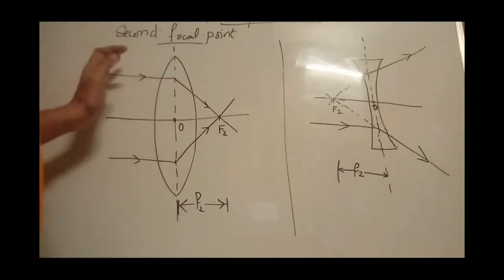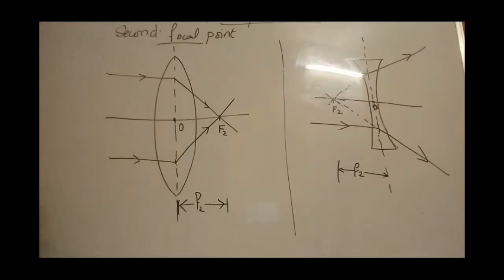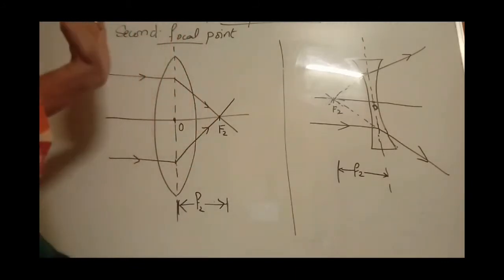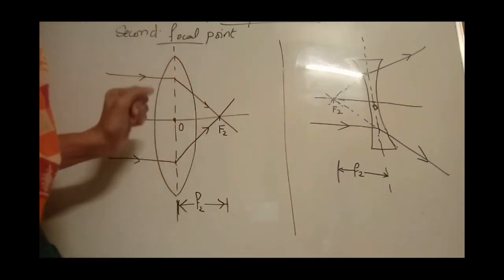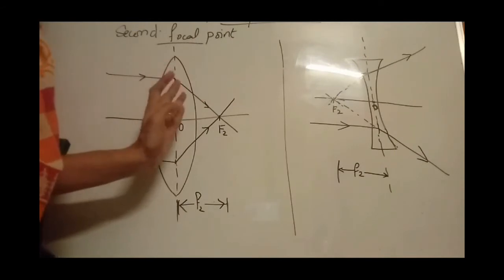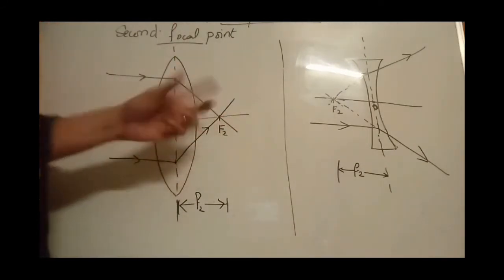According to sign convention, the ray will always come from left to right. So it doesn't mean that we should hold the lens only in one particular position; it can be interchanged also.